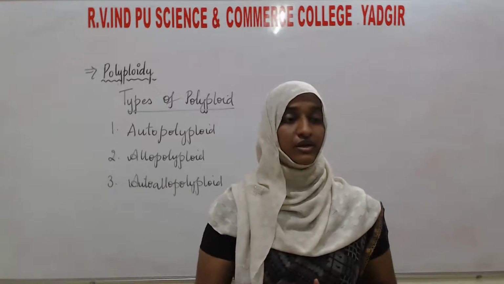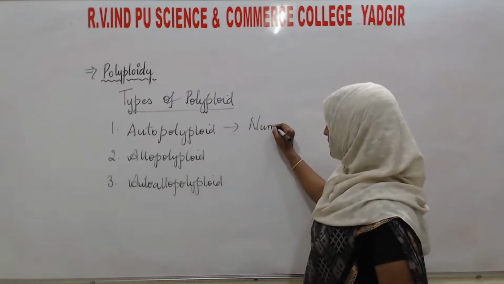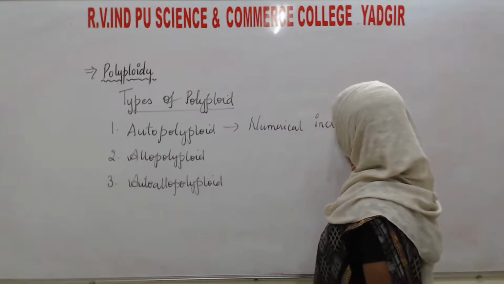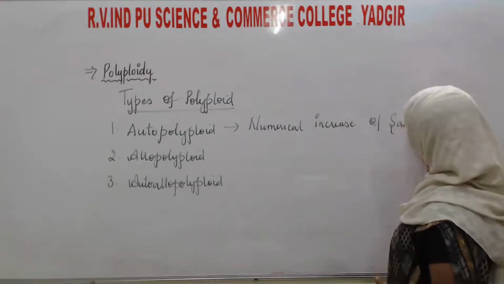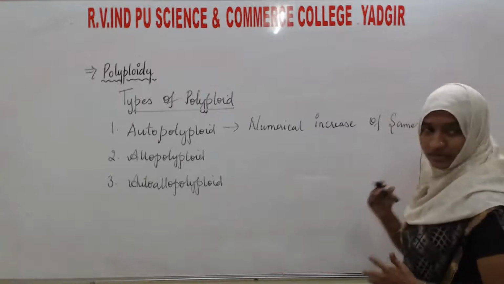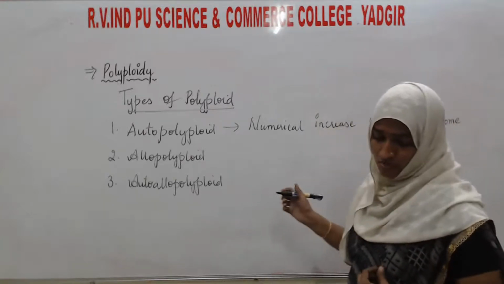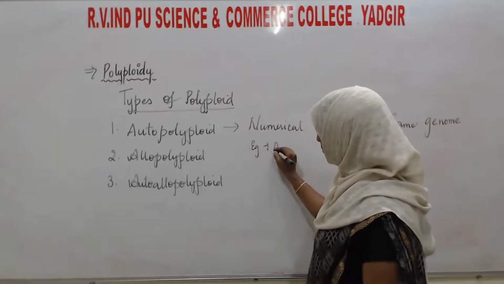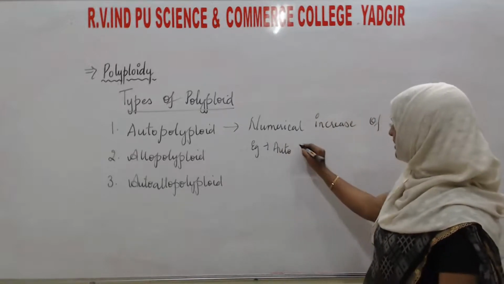Autopolyploid is a numerical increase of the same genome. For example, they represent the particular chromosomes with the example of autotriploid.